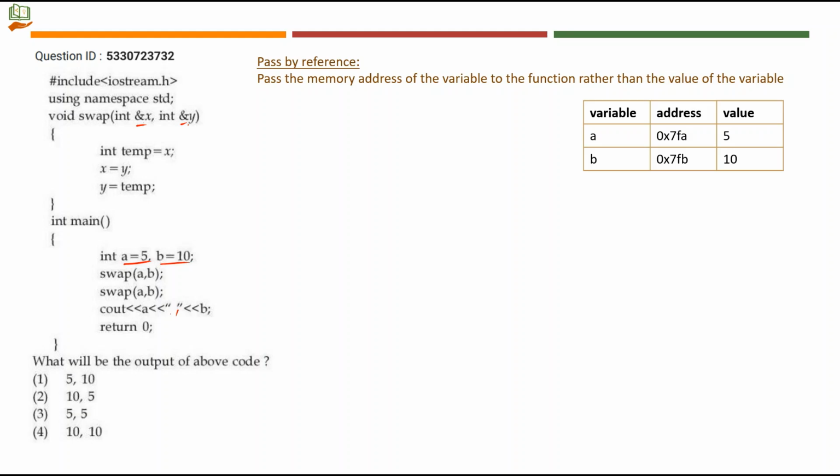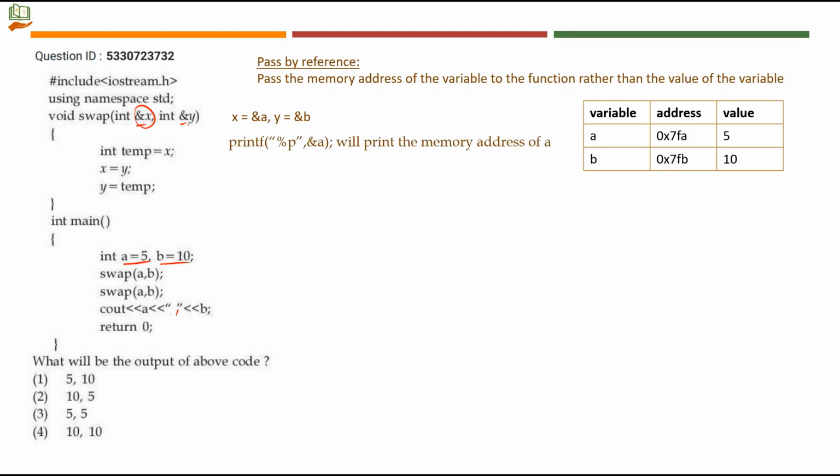So when they say x is equal to &a or y is equal to &b, that is when they send it by reference. What happens is x will have the value of the address of a and y will have the value of the address of b.